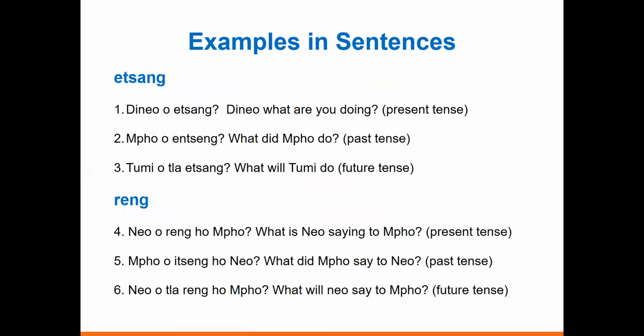Okay, so here are some examples in sentences. Dineo wetsang, mpho wentseng, tumi o tla etsang. Okay, so they're also denoting that when we express it in different tenses. Now I added another layer here and I used 3 different tenses to express these question words.